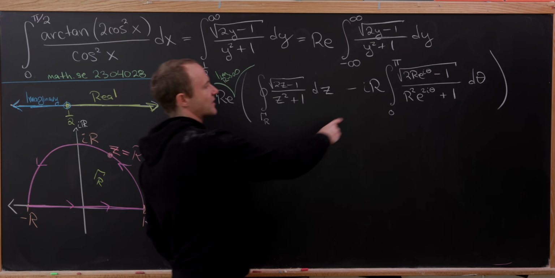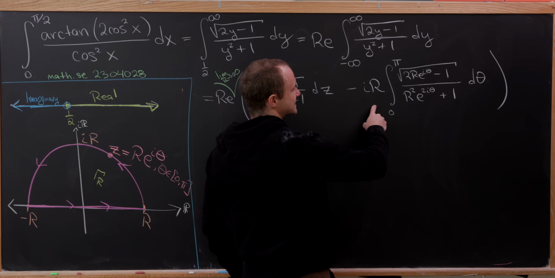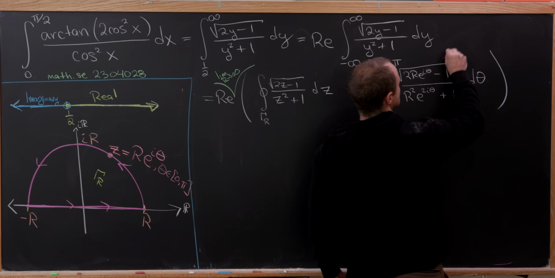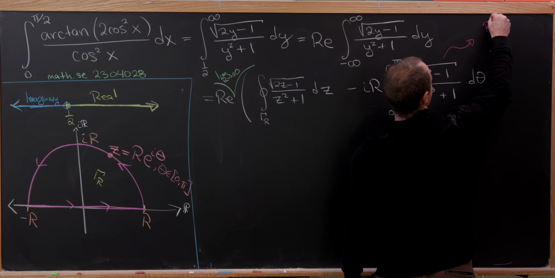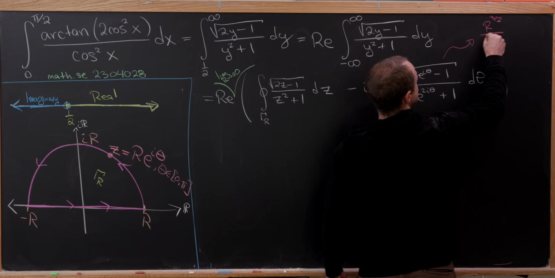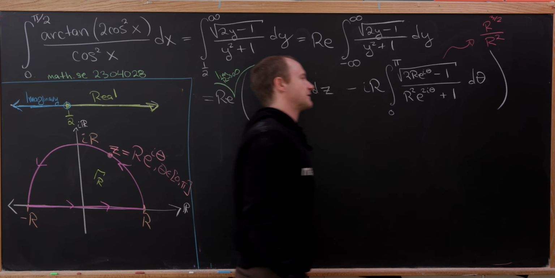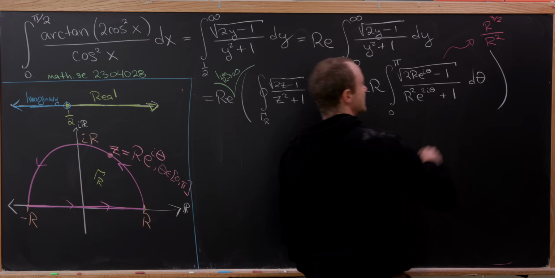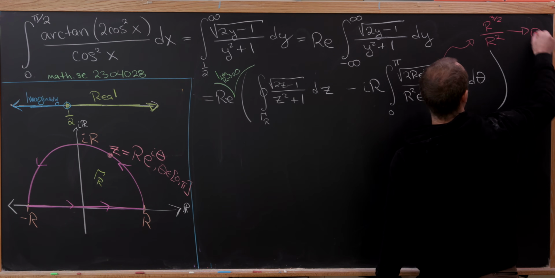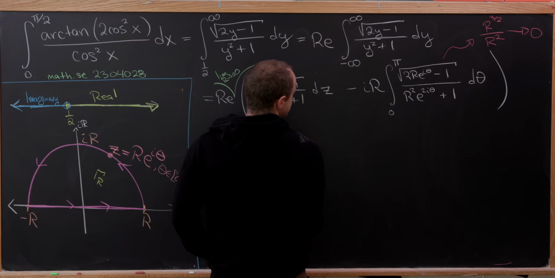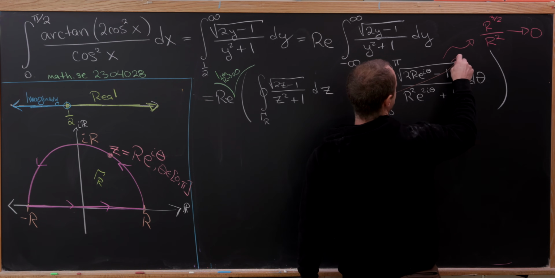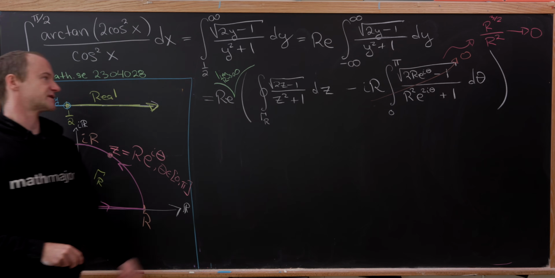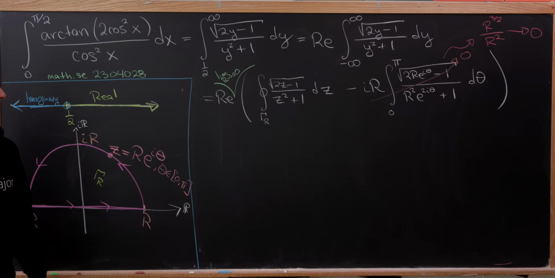But let's look over here and notice that in the end, the numerator looks like something of the form R to the 3 halves, whereas the denominator looks like something of the form R squared. And if you're letting R go to infinity, the denominator is going to win out and you'll get 0. So that's why in the end, we don't have to worry about this part of the integral, and we only have to focus on this bit right here.